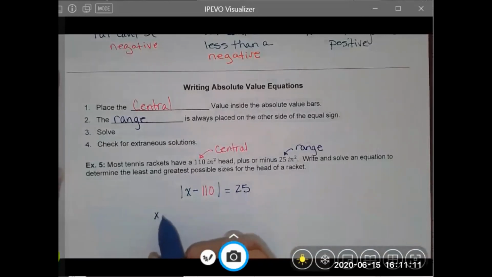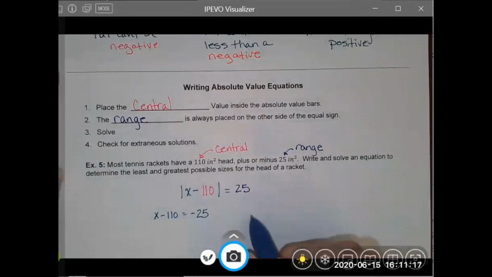I remember that there are two situations that I must allow for. The first is where there's a negative range, and the other one is when there is a positive range value, in this case the 25. I solve it using my normal skills, and I end up with x equals 25 or x equals 135.